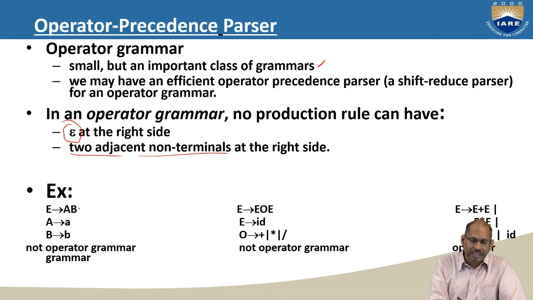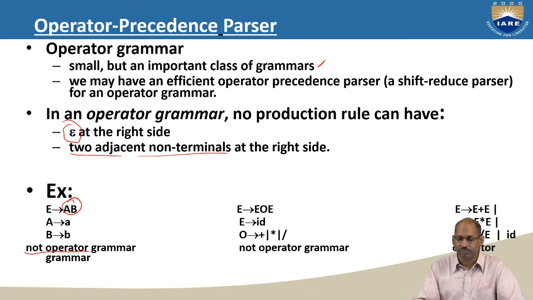Here, in this example, there are two adjacent non-terminals, so it is not an operator grammar. Here, there are three non-terminals, so again it is not an operator grammar.